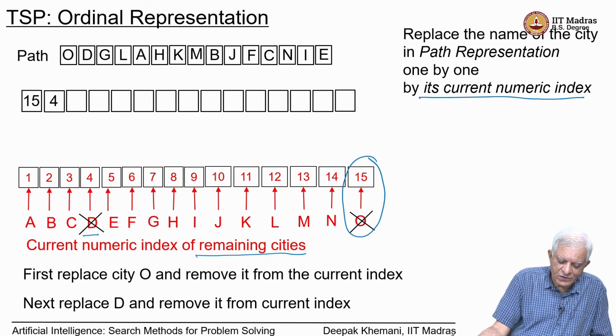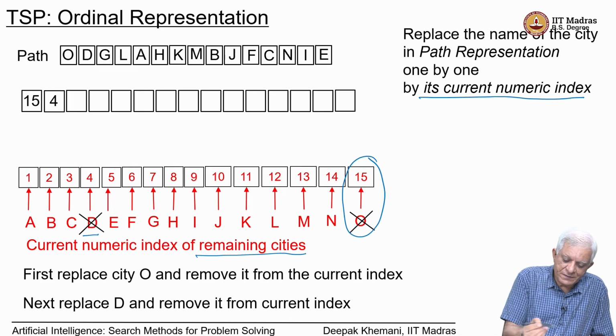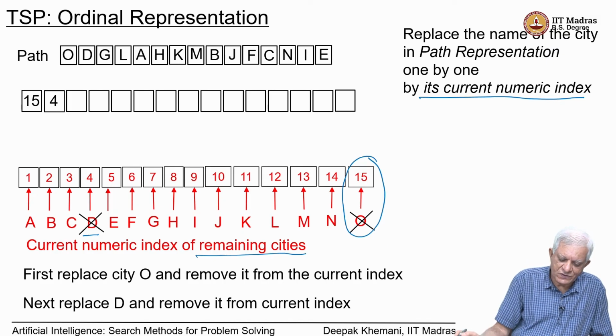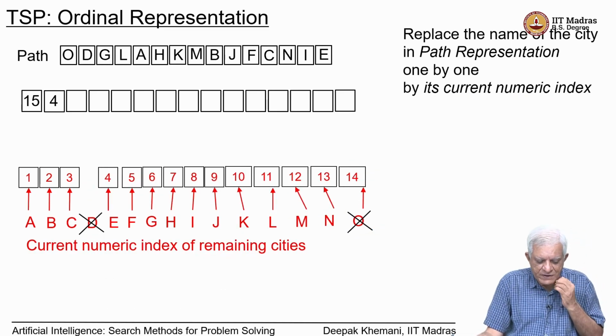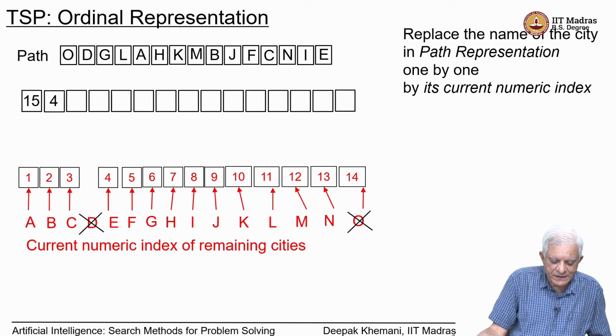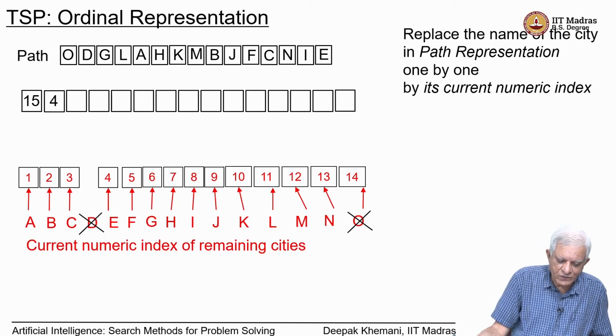So D is no longer in the index, and the index has kind of shifted to the left after that. So this D will go. So E will become the 4th city, and F will become the 5th city, and G will become the 6th city, and so on. The whole thing will shift. That is what happens. We have removed the D from the index, and now E has become 4.